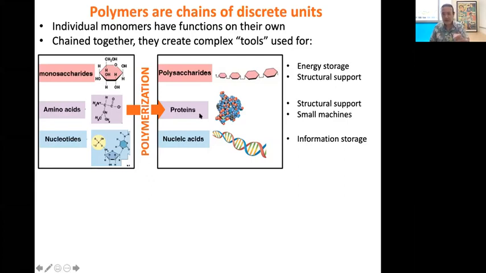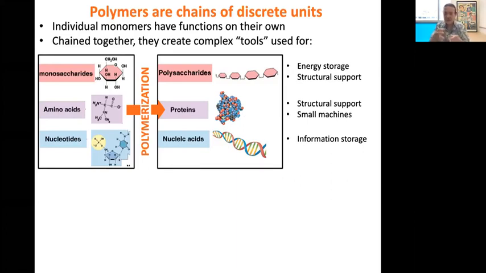Amino acids come together to form proteins. Proteins can also serve as structural support, but very importantly, proteins can function as little machines that carry out other important tasks inside the cell, including being the machine that is the other biological molecule that bumps into other molecules and causes certain functions to happen.